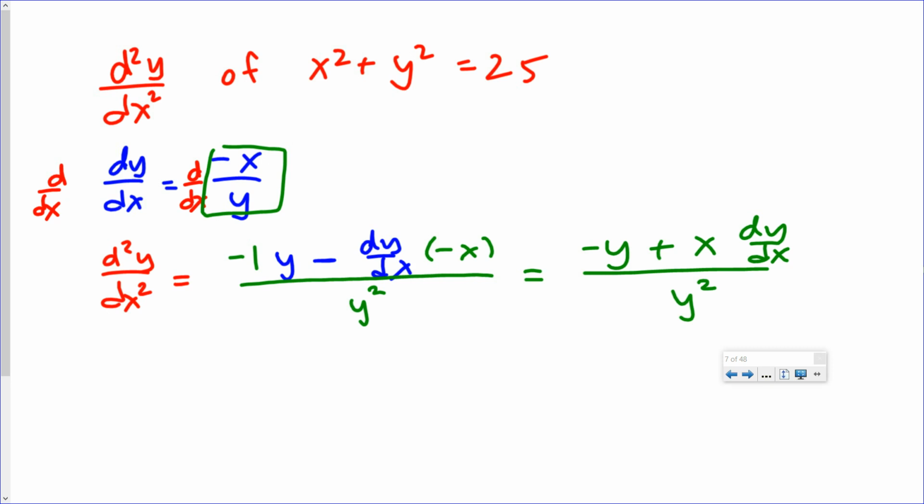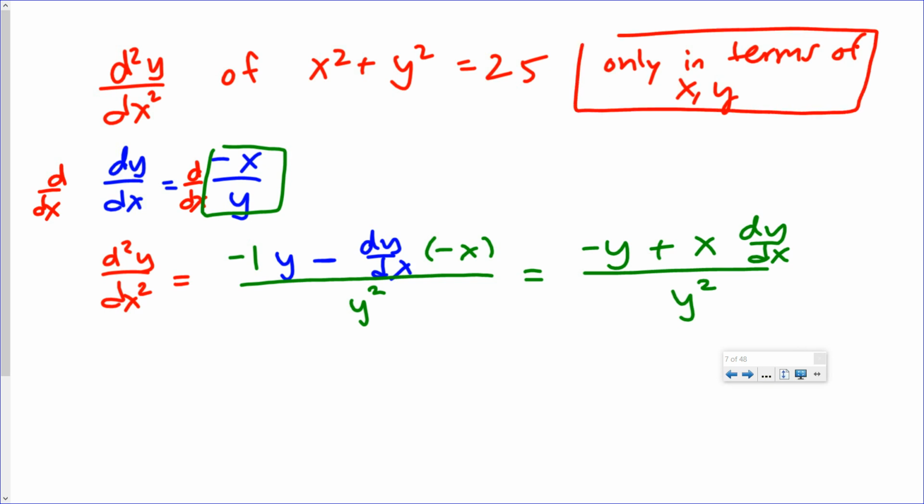Okay, now I'm going to change my question up a little bit. I want the second derivative of x squared plus y squared equals 25 only in terms of x and y. And they'll ask you this on the AP test, and I think you might have it also on your homework tonight. I want the answer only in terms of x's and y's. And so what I want to do is, I don't want this dy dx here. I want to change that in terms of x's and y's.